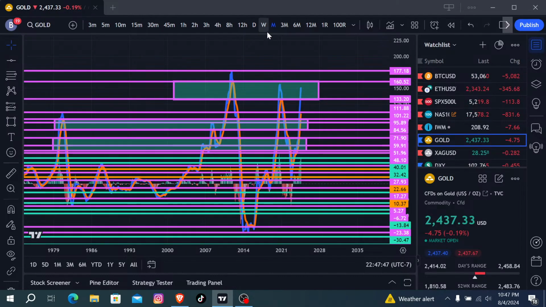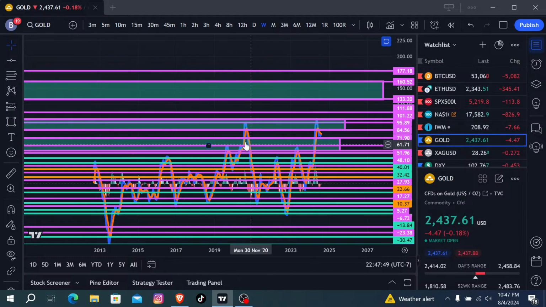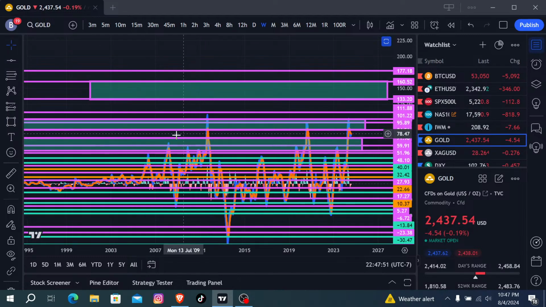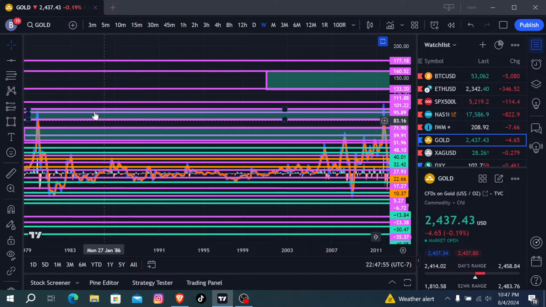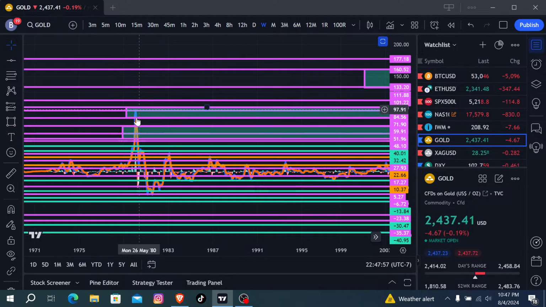So then I'll go to the weekly. Notice something here. What do you guys notice? You see how I made these boxes in the monthly range, in the monthly area, but as we go down, they go along with the next week on down.